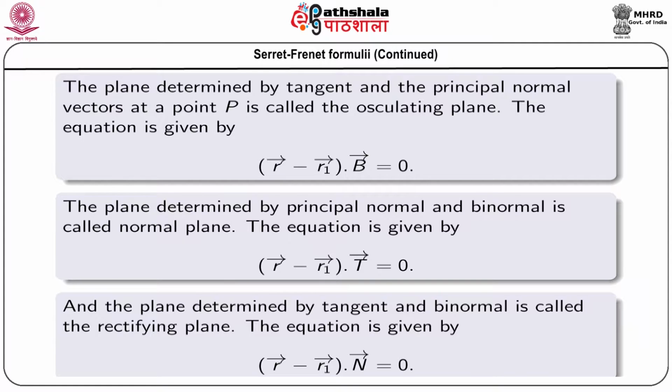So, with the three vectors, tangent vector, principal normal vector and binormal vector, we are getting three planes: osculating plane, normal plane and rectifying plane.